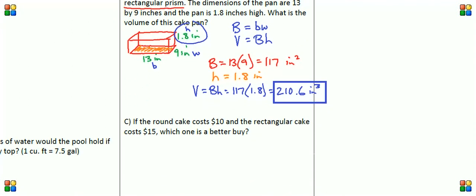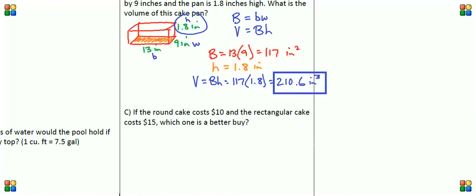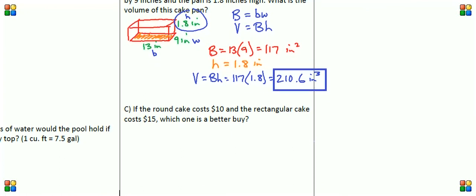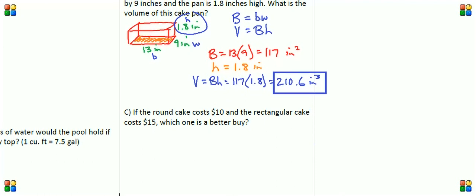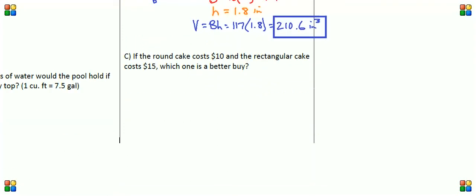So in this case, again, you also can't say the round cake is better because it's cheaper. Again, you got to figure out, well, how much does it cost for a cubic inch compared to the rectangular cake? Whichever one has the lowest cost per cubic inch is going to be the one that we consider to be the better buy. So let's figure out the round cake first.